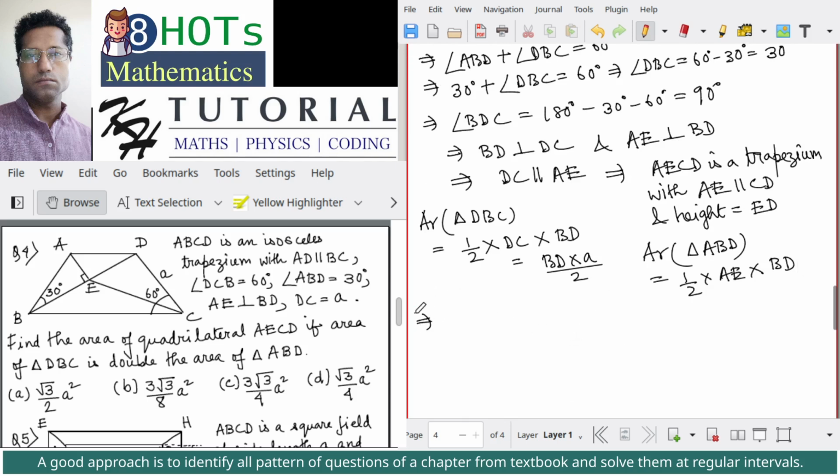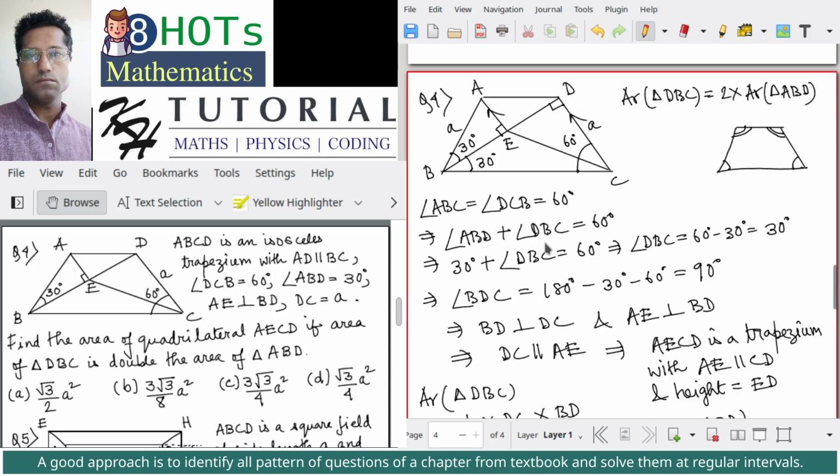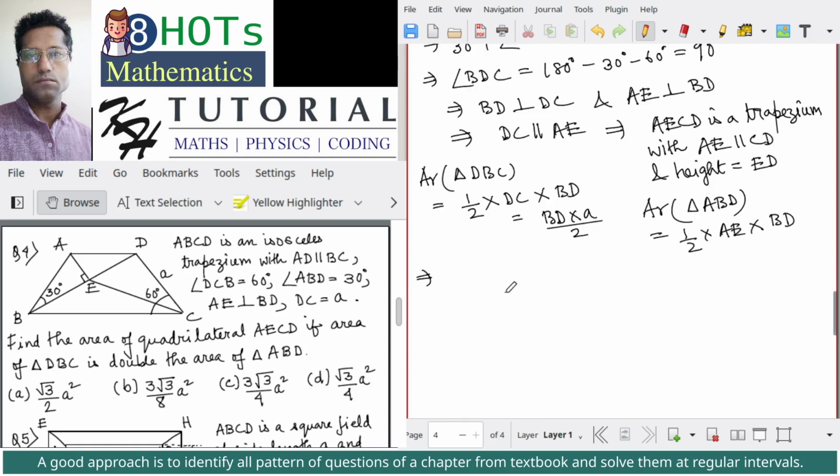It is given that the area of DBC is equal to twice the area of ABD. So this means that BD multiplied by A by 2 is equal to twice of half multiplied by AE multiplied by BD.